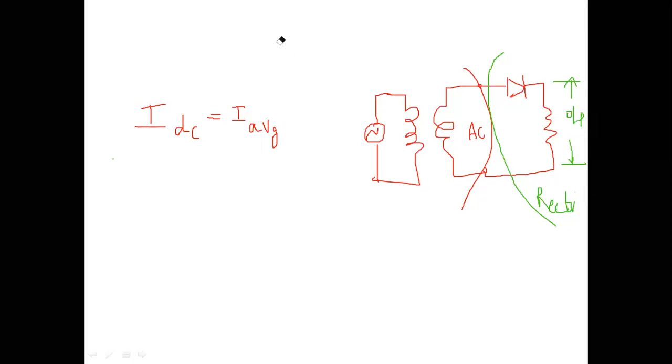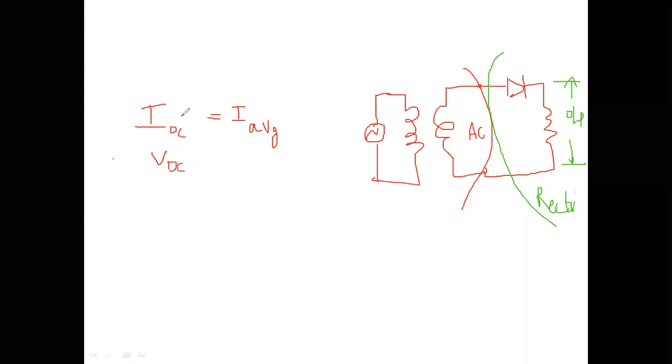Now once you get IDC, you will get VDC. Sorry, I am using small letters here, actually I have to use big letters. IDC, and I will get VDC here.